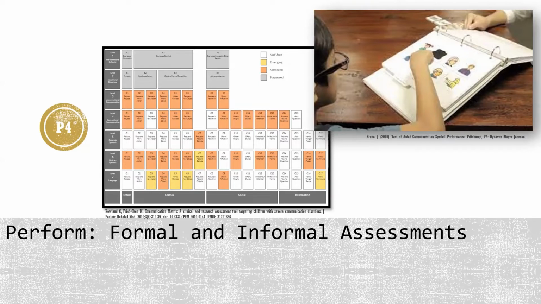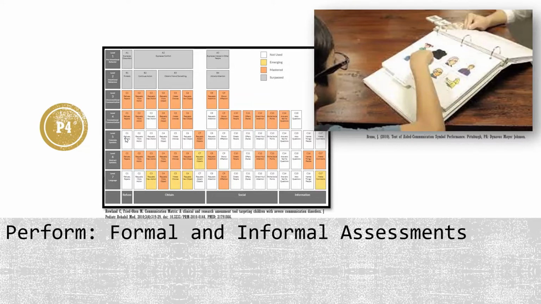So it gives credit for body movements and helps us to document body movements, eye gaze, facial expressions, use of sign language, braille, maybe 3D objects or pictures and symbols, or even AAC speech generating devices. So it really gives a lot more information than some of the standardized tests that aren't really giving credit for these other modes of communication.